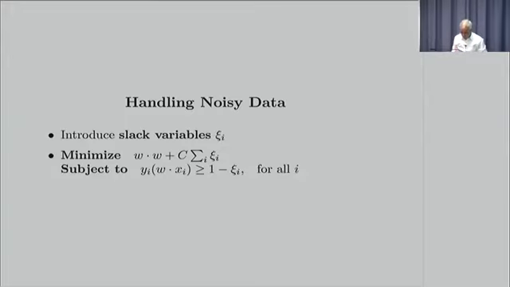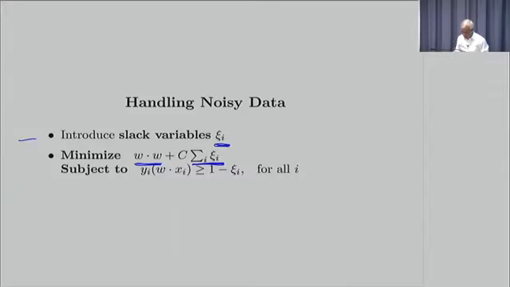So here's what we're going to do. For each example i, I'm going to introduce a slack variable ξ_i. This is the Greek letter xi. We've already used alpha and beta, and now comes xi. And now I'm going to change my constrained optimization problem to the following: I want to minimize the norm of the weight vector plus the sum of the slack variables.